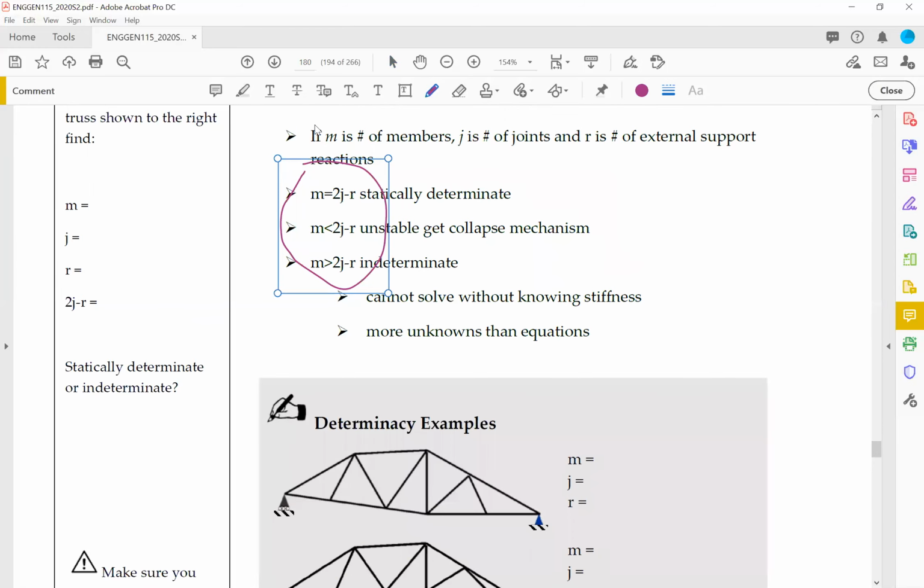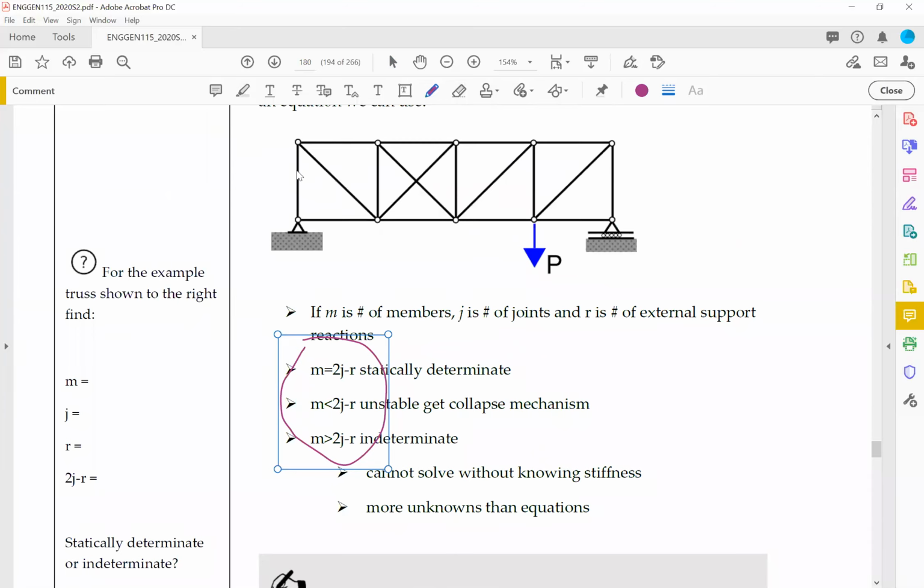M is equal to the number of members inside the truss. J is equal to the number of joints, and R is equal to the number of reactions. So let's use this truss right here as an example.